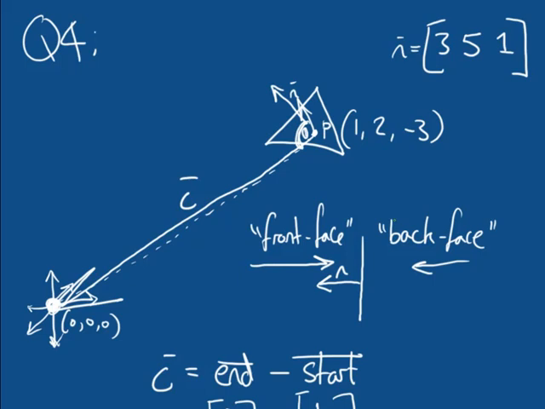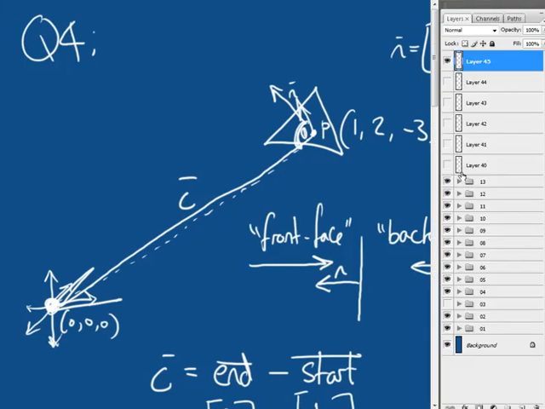So to recap everything that we've seen in this video, I'm going to bring up one last layer for this video. We know that the dot product of two vectors can be defined in two different ways.